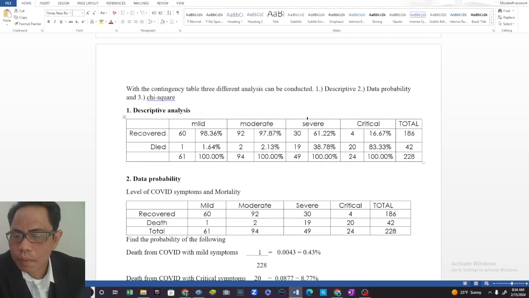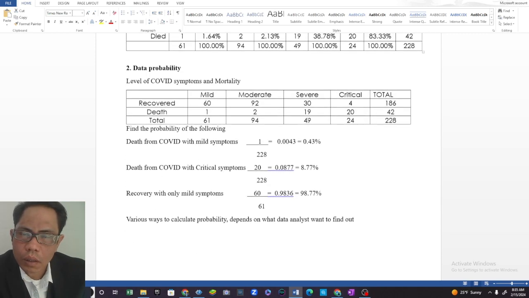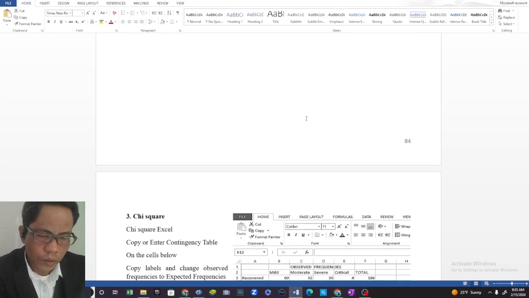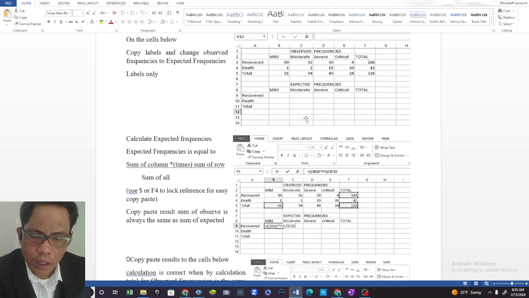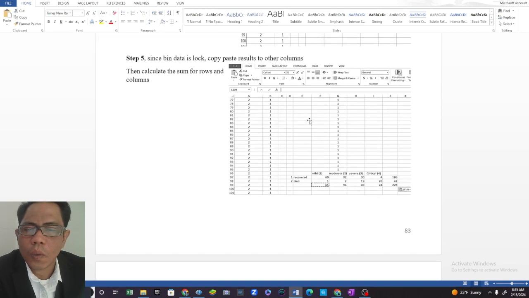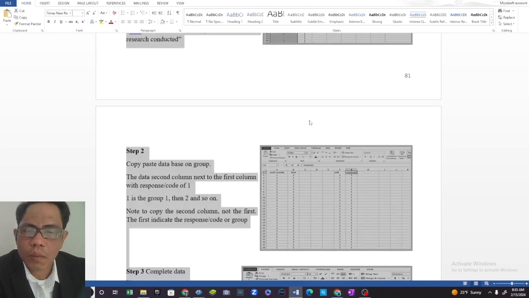We also have data probability, and we also have chi-square. That's more of a summary from our contingency table. So as for now, I'll end the lesson here, and I will continue with the next topic on the contingency table.